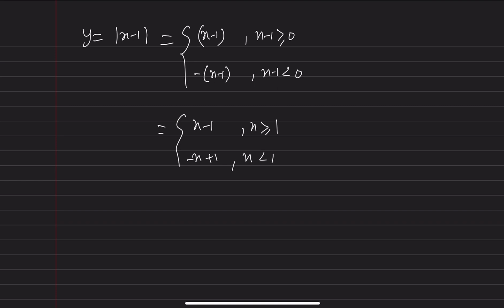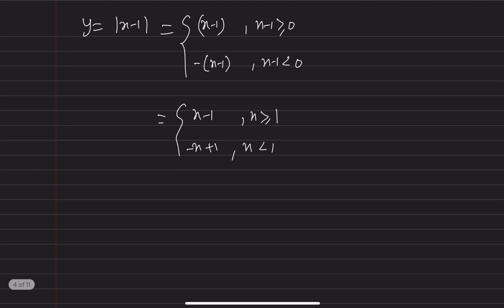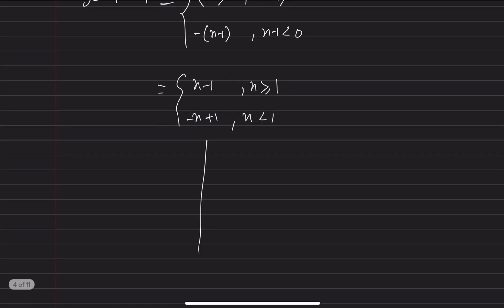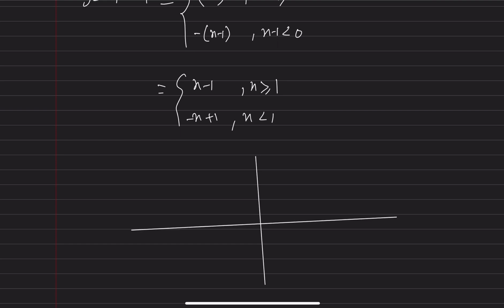And if you would like to draw the graph of it, it is easy to draw. So I'm not going to discuss it fully, but I am going to explain how to do it. Here we draw the x-axis and y-axis, and this is the graph of y equal to mod of x, right? And here it is shifted by x minus 1.